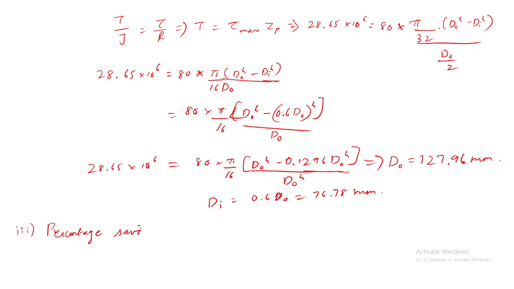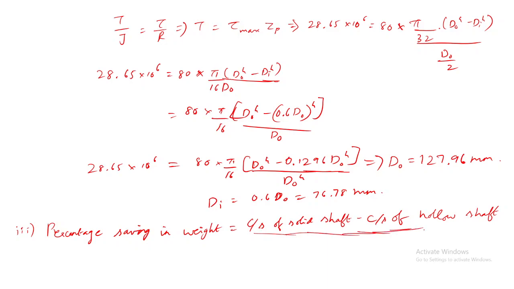Percentage saving in weight is calculated, as I said, like it actually boils down to the saving in the cross sectional area. So what is the cross sectional area of solid shaft minus cross sectional area of hollow shaft, divided by cross sectional area of the solid shaft.